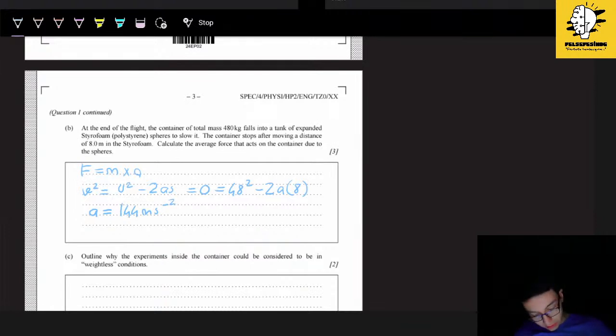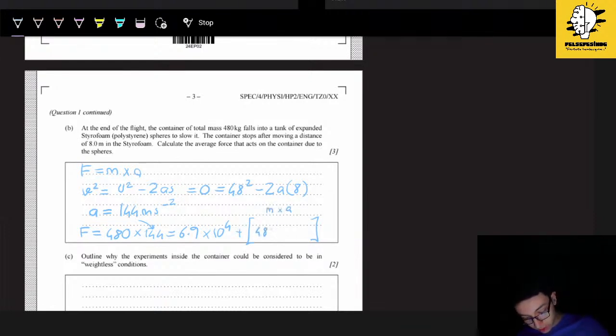Therefore, we can say that, first things first, the mass of our container is 480 kilograms times the acceleration 144, which will give us a result like 6.9 times 10 to the power 4, and plus we have to calculate also its own weight, because the container has a weight, so it has its own acceleration as well, and it will be once again mass times acceleration.